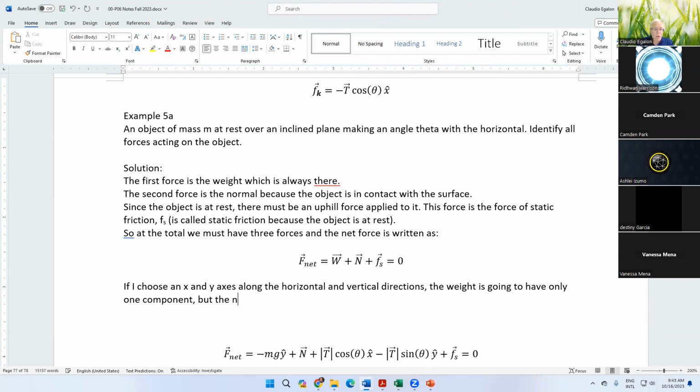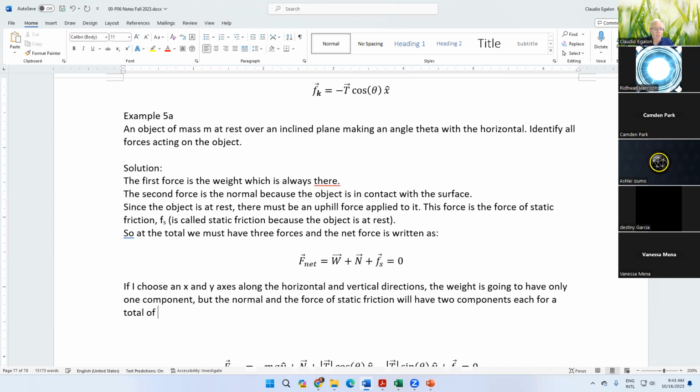But the normal and the force of static friction will have 2 components each, for a total of 5 force components in the equation above. Okay?